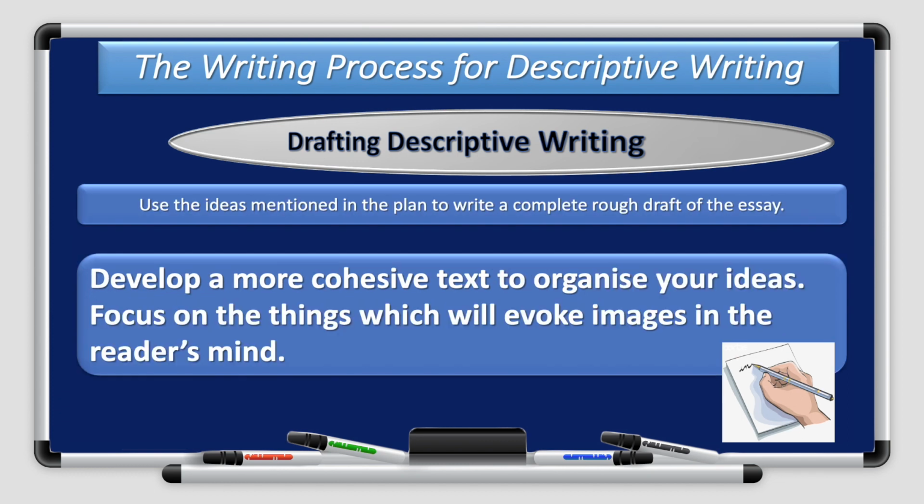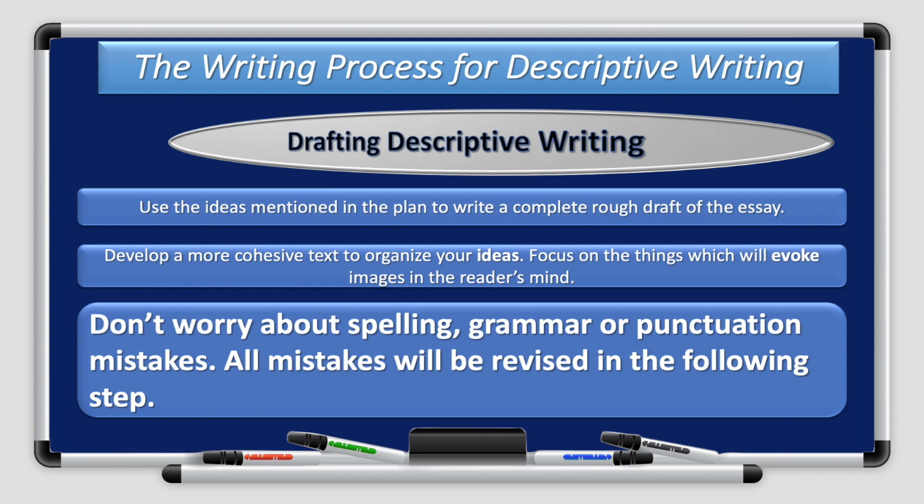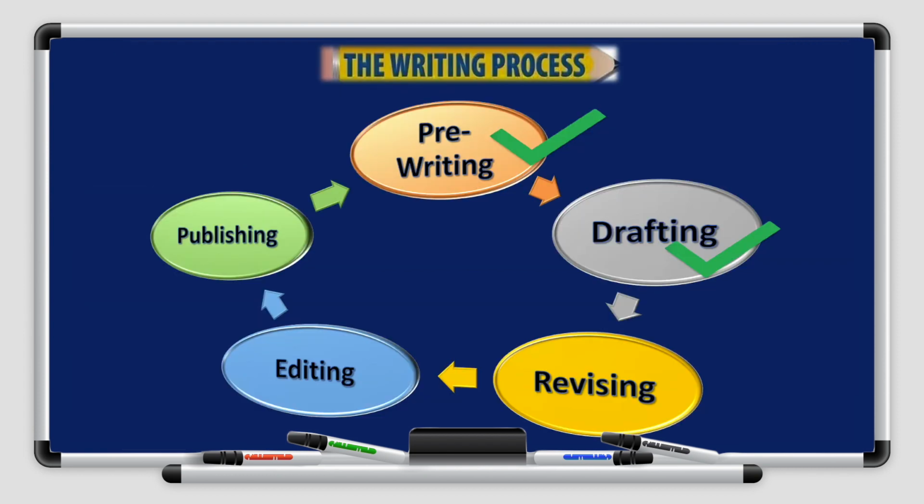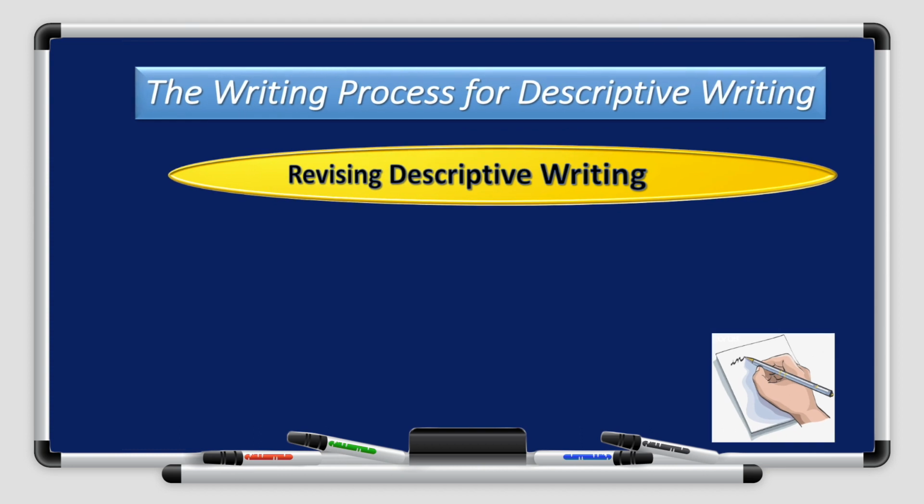It is important in this stage that you develop a more cohesive text to organize your ideas. So focus on the things which will evoke images in the reader's mind when it comes to descriptive writing. And do not worry at all about spelling, grammar, and punctuation mistakes because all mistakes will be revised in the following step.